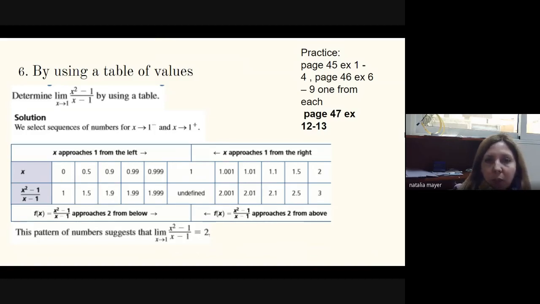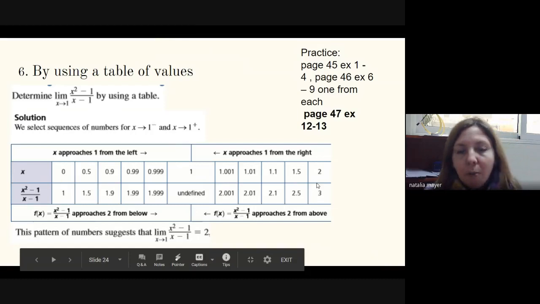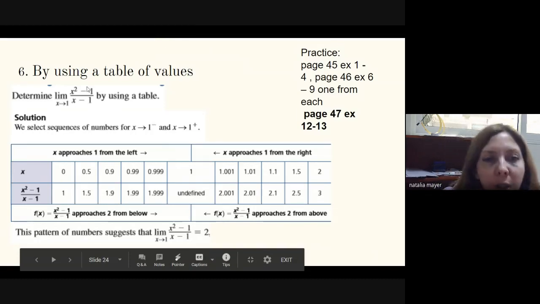For example, in this question, we have the limit of x squared minus 1 over x minus 1. And we are going to discuss how to solve it by using a table of values. However, as you can see, using a table of values is a very long method. What is a shorter way to do it?